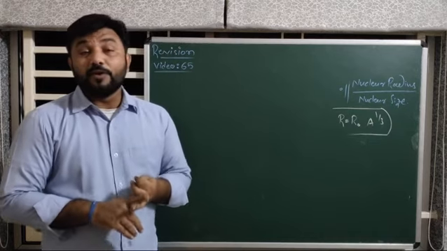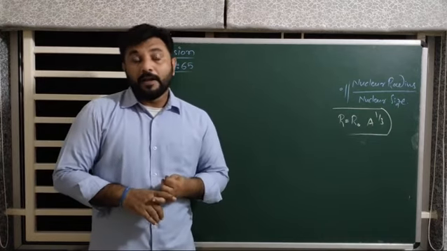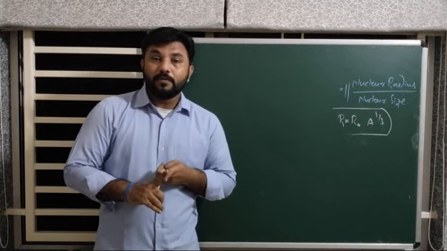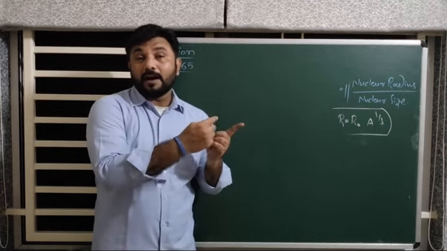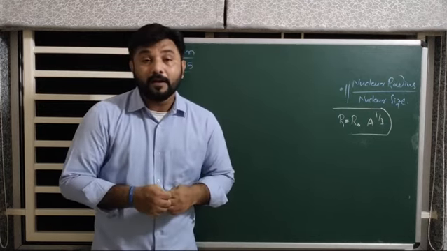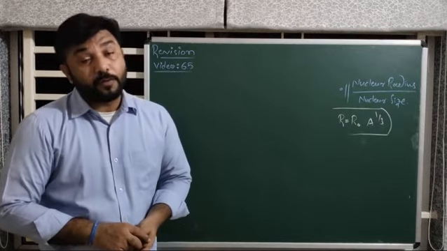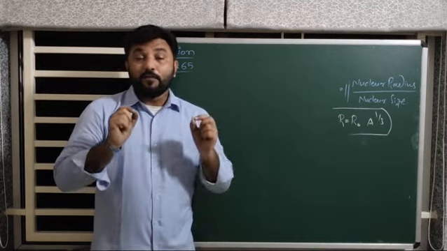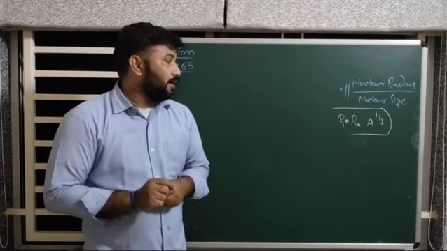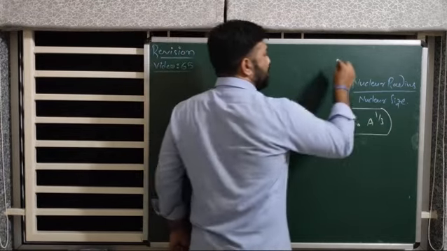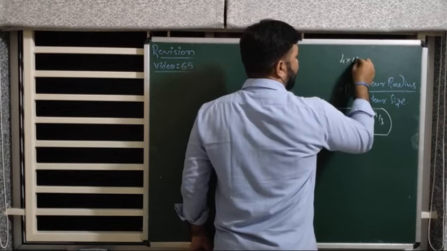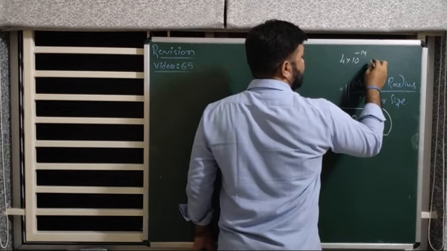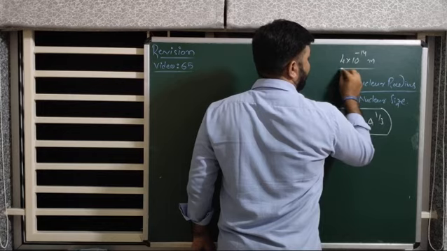From that study it was clear that alpha particles are reflecting back, moving in the backward direction from the center, and it was concluded that the size of nucleus is 4 multiplied by 10 raised to minus 14 meters.